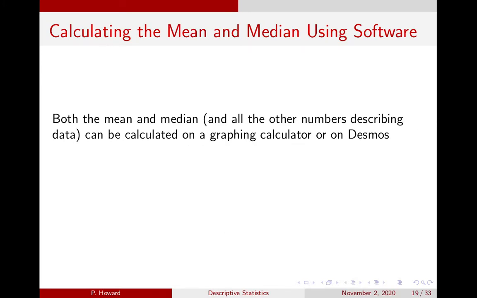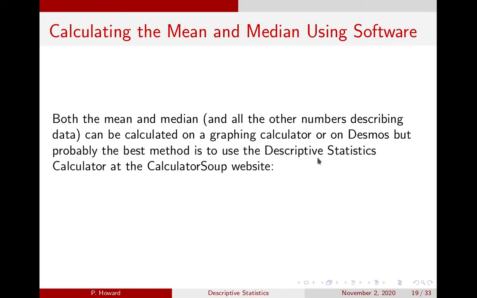So both the mean and the median and all the other numbers we'll talk about in this video can be calculated on a graphing calculator or on Desmos. But probably the best method is to use the descriptive statistics calculator at the Calculator Soup website.